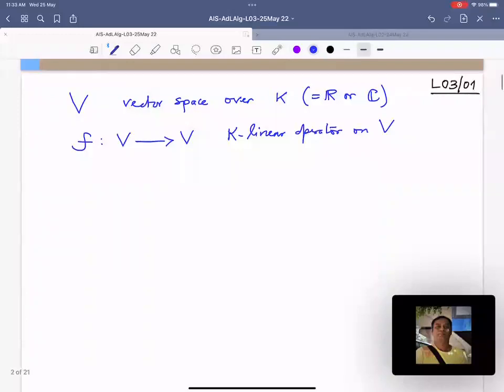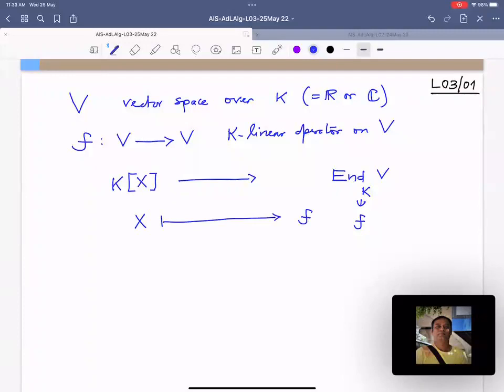So we have here the polynomial ring K[x], and then we have the endomorphisms of V as a K-vector space. And F was an element here. Then I map capital X to that F.